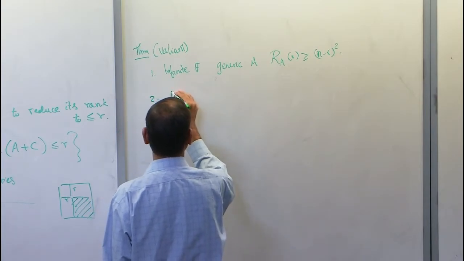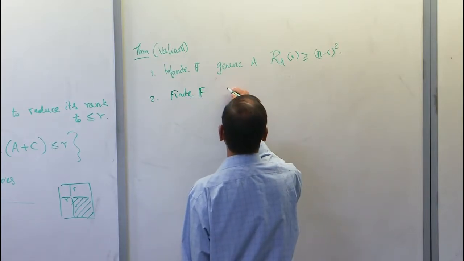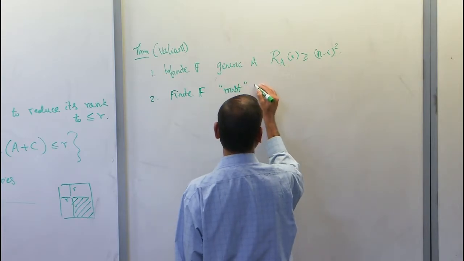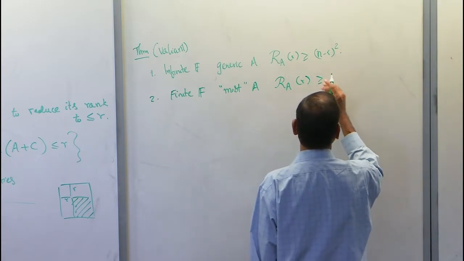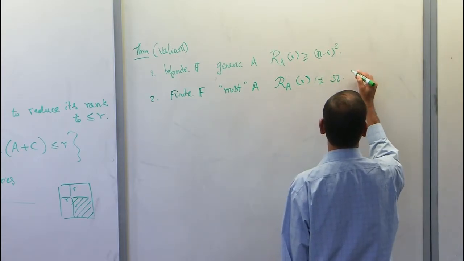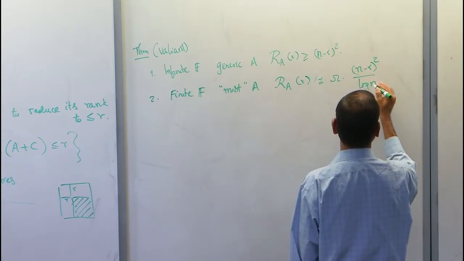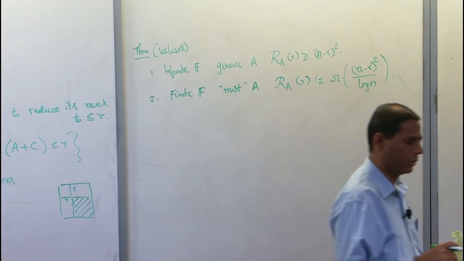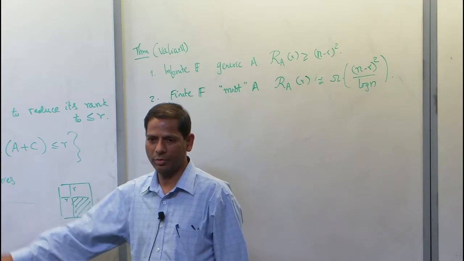For finite fields, again this is an exercise, and you can show for most A, it's some constant times, apart from a log factor, this is optimal. So for almost all matrices, we actually know that the rigidity is about (n minus R) squared.